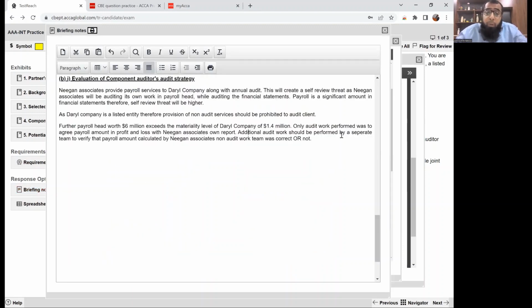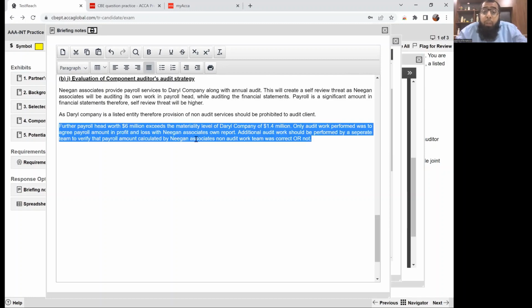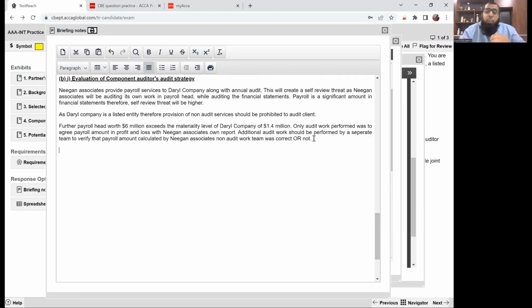Additional audit work should be performed by a separate team to verify the payroll amount calculated by Negan Associates' non-audit team work. Basically, you should use a separate team for non-audit work and the audit work. So we have to evaluate the strategy prepared by Negan Associates.